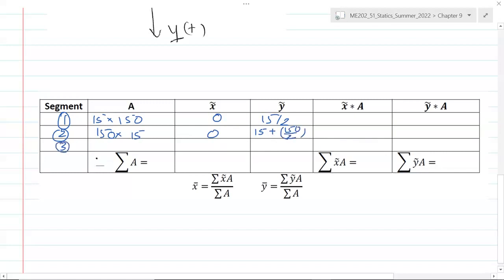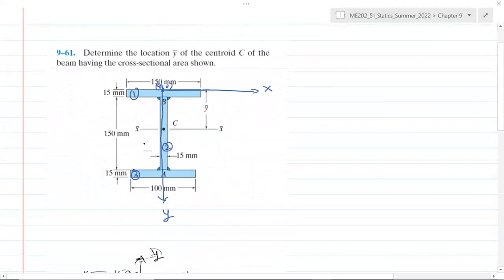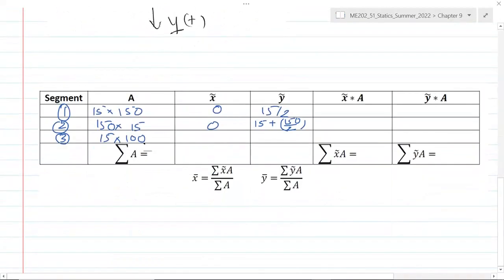For the third shape, its area is 15 times 100. Its x tilde is 0 for that shape as well, and the overall y centroid y3 is 165 plus 15 divided by 2. So we need to only calculate those numbers.